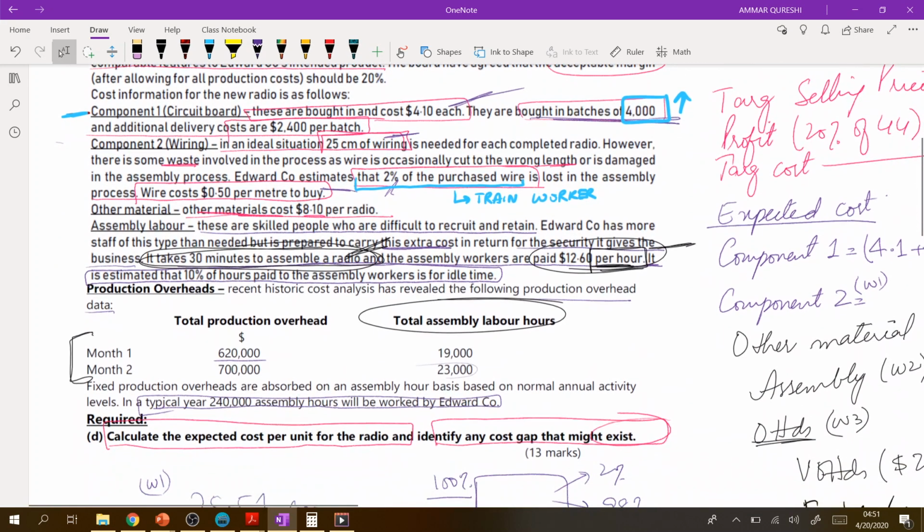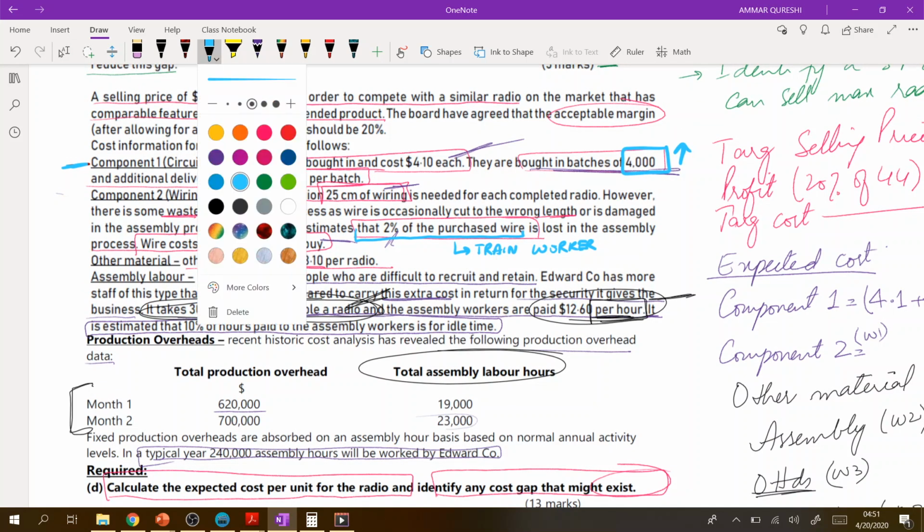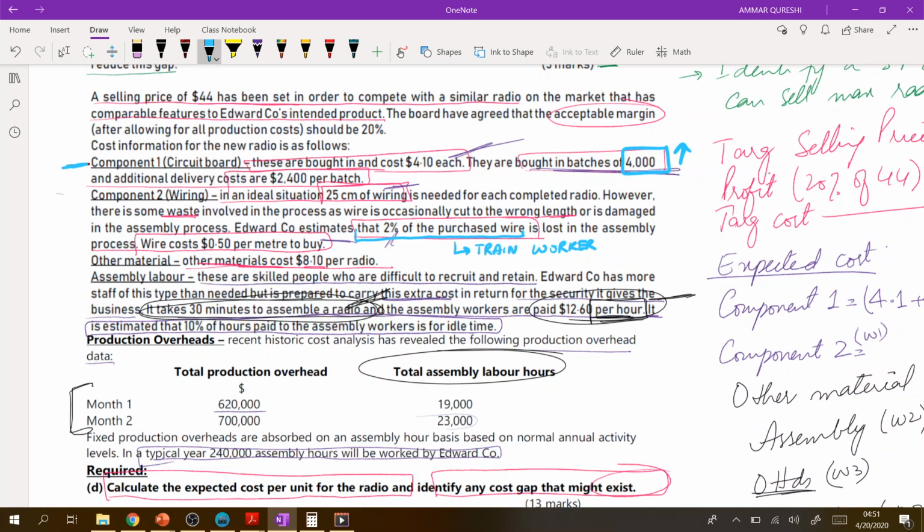For other material, we can try to buy the same raw material from some other supplier. So change of supplier can be the idea, or in case the situation allows, a bulk purchase discount can also be a good idea to reduce your material cost.